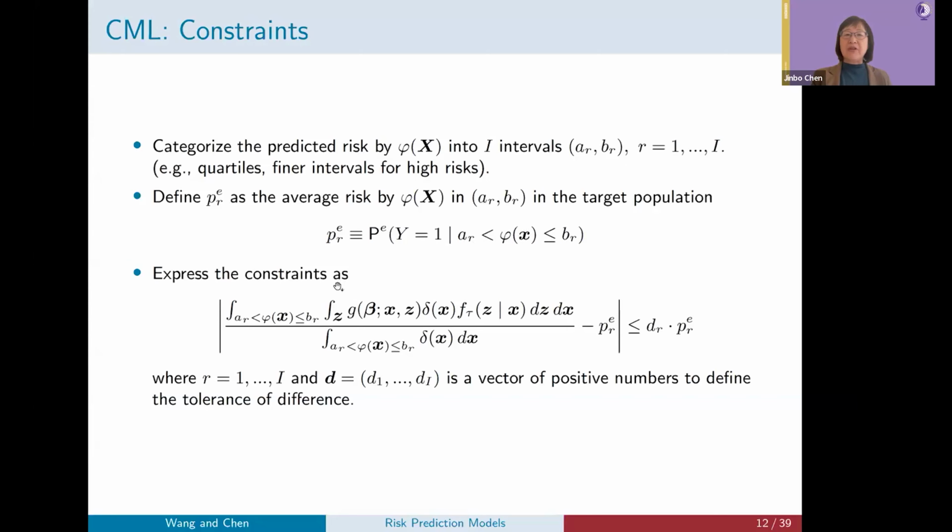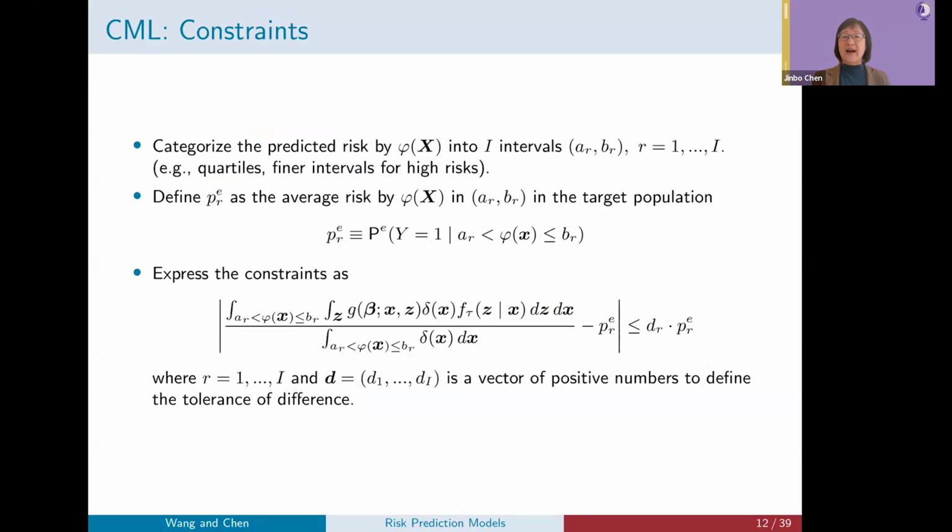So to fit our new expanded model G, that's our working model of interest, we require that the average risk within the same risk interval by this new model would be very close to the average risk by the standard model that only relies on the standard risk predictors.